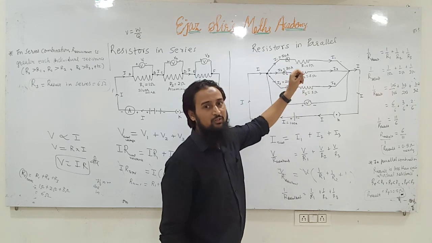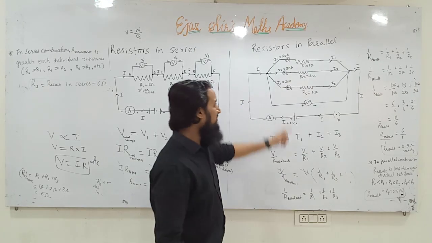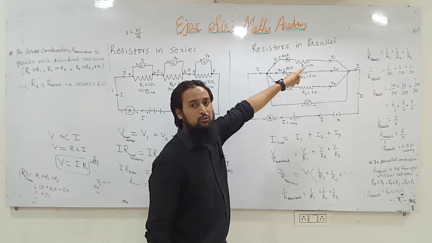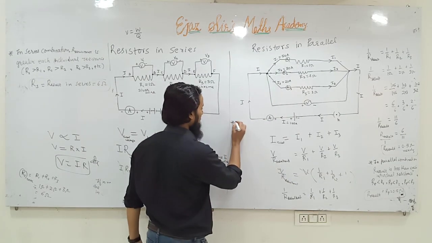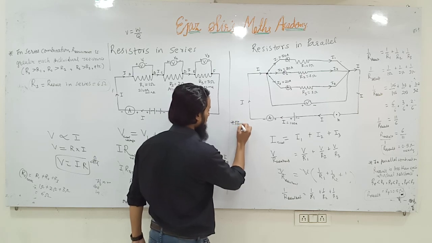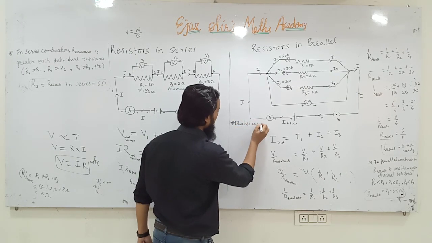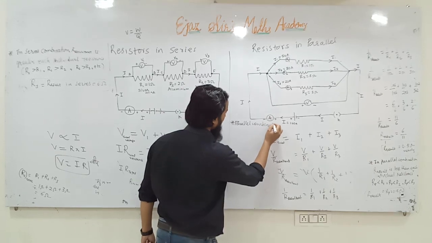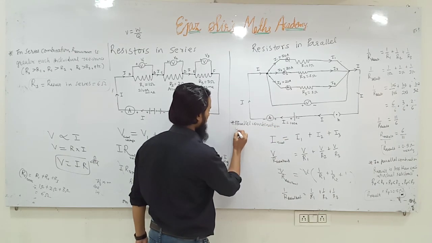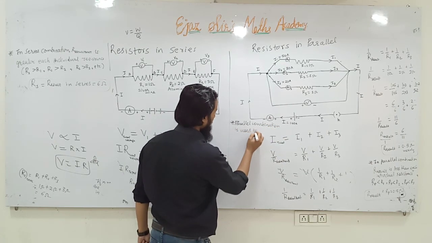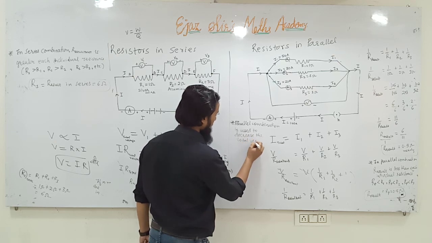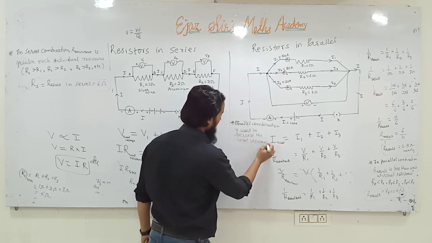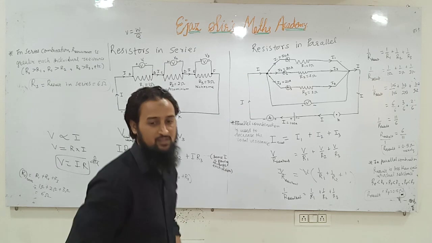RP will always be less than each individual value. So another difference: parallel combination is used to decrease the total resistance.